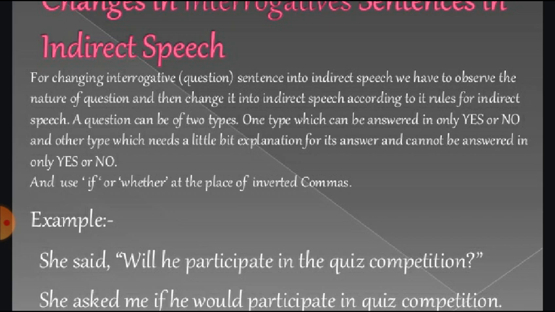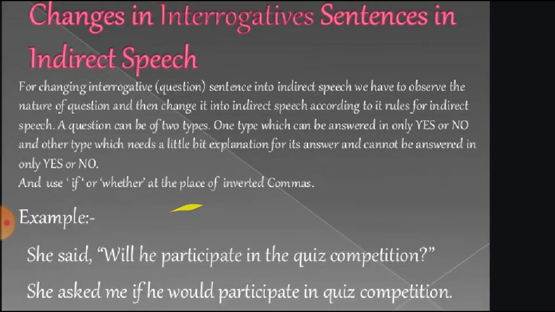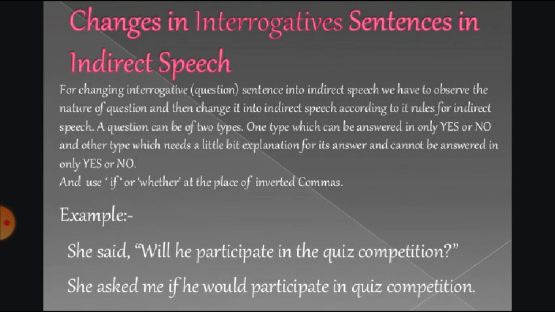That's why if the question is a yes-no question, then one type of rule is used there. In the same way, the other type needs a little explanation for its answer and cannot be answered in yes-no form.